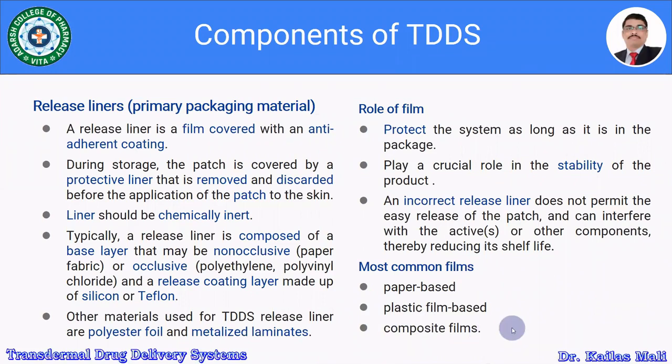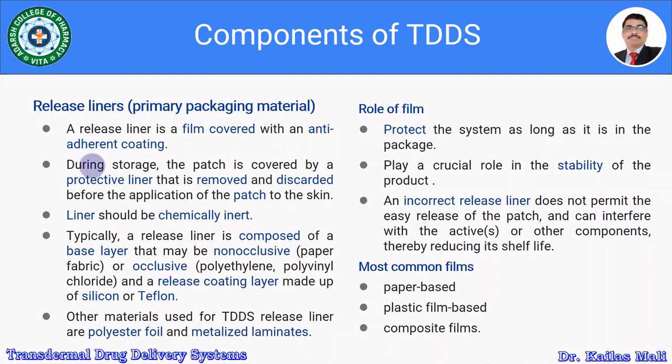So the release liner is also known as the primary packaging material. It is just below the rate controlling membrane. A release liner is a film covered with an anti-adherent coating. We are supposed to remove the release liner and place the patch onto the site.